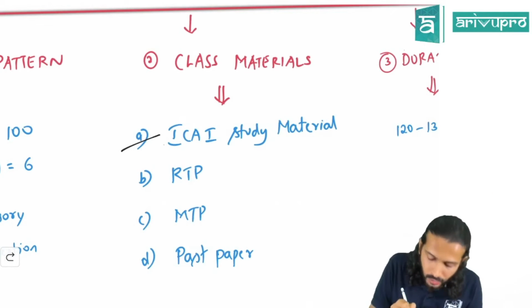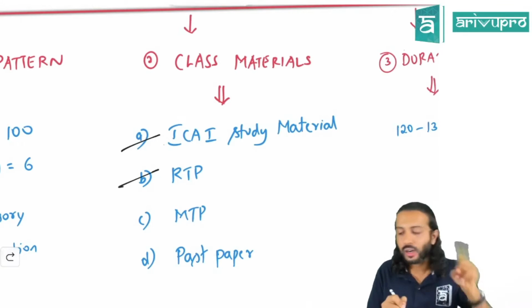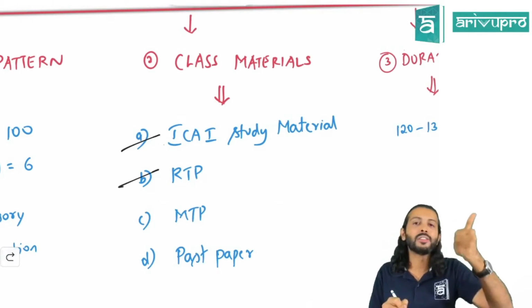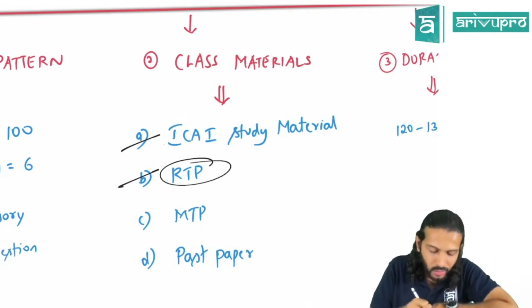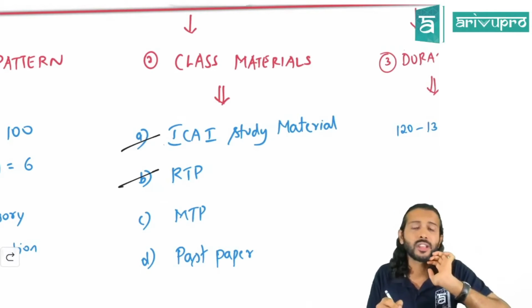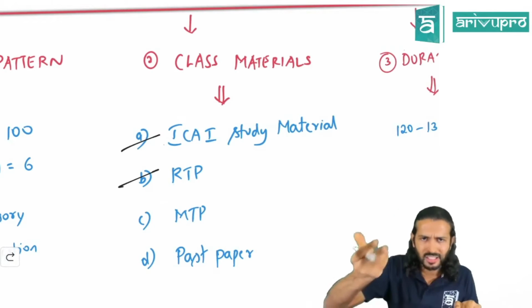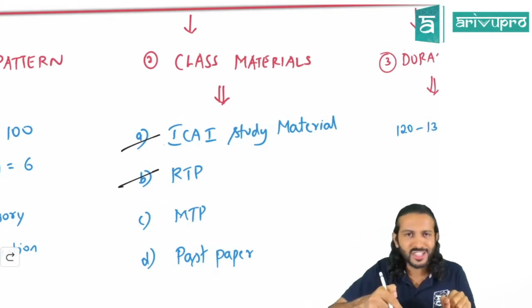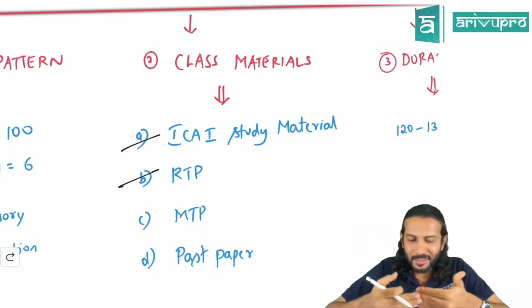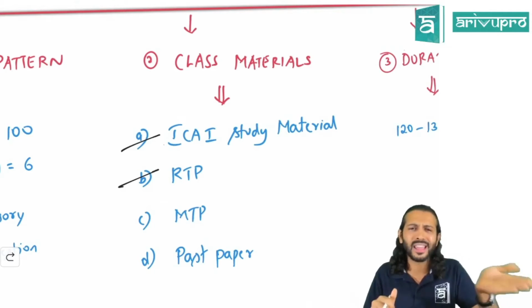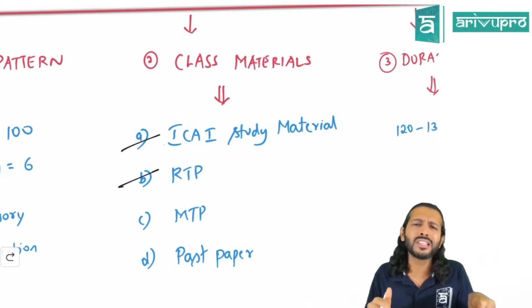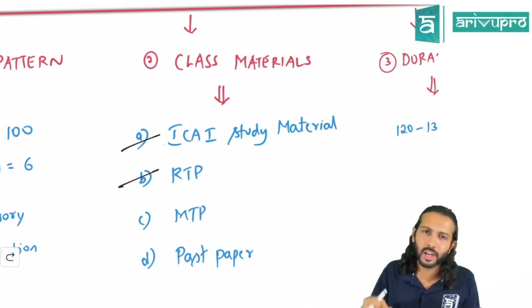Second, questions from RTP, that is, revision test papers. Exams happen twice a year, normally in May and November, though this time it has got stretched. These are the months in which the institute conducts examinations every year.